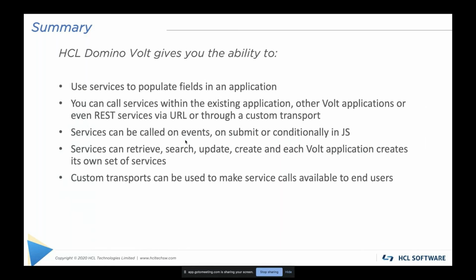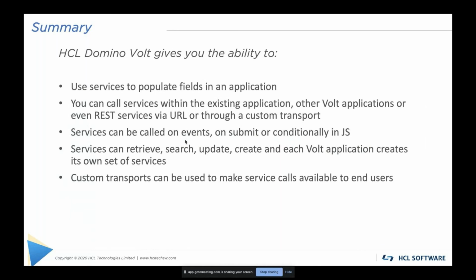Or I wanted to go look in other Volt applications, such as the user repository, to get a list of users and their information. Or you can use REST services or the custom transport. So there's lots of different ways. The good thing about it is they all function the same way. They have inputs, they have outputs, and you follow the same pattern.